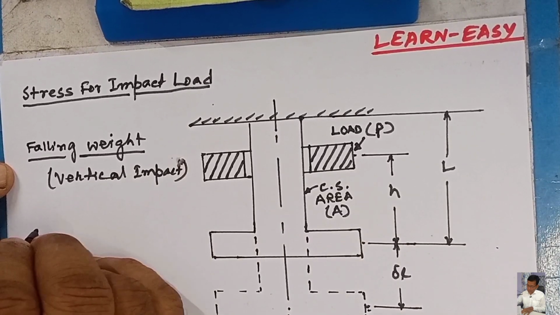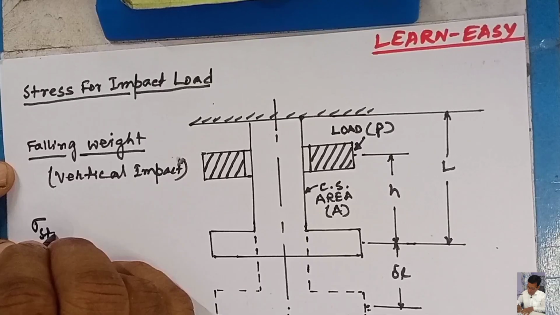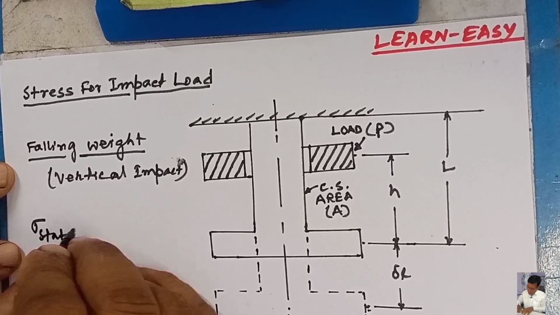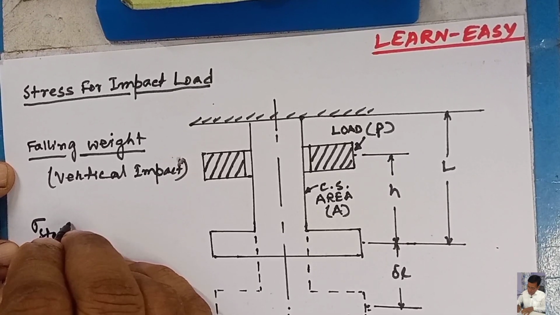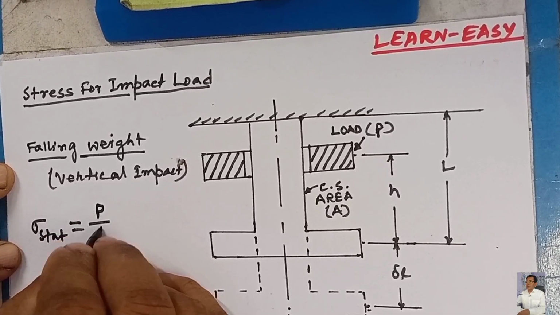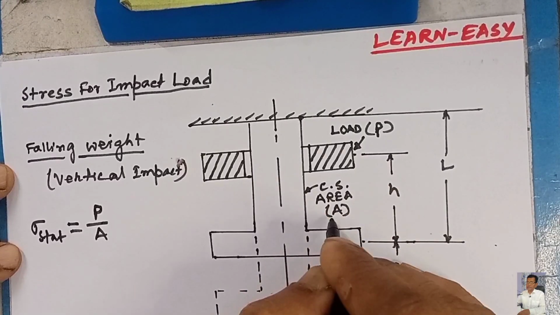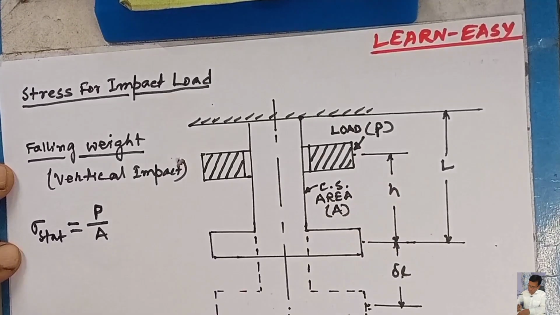So, sigma static stress is equal to P by A, P load divided by cross-section area.